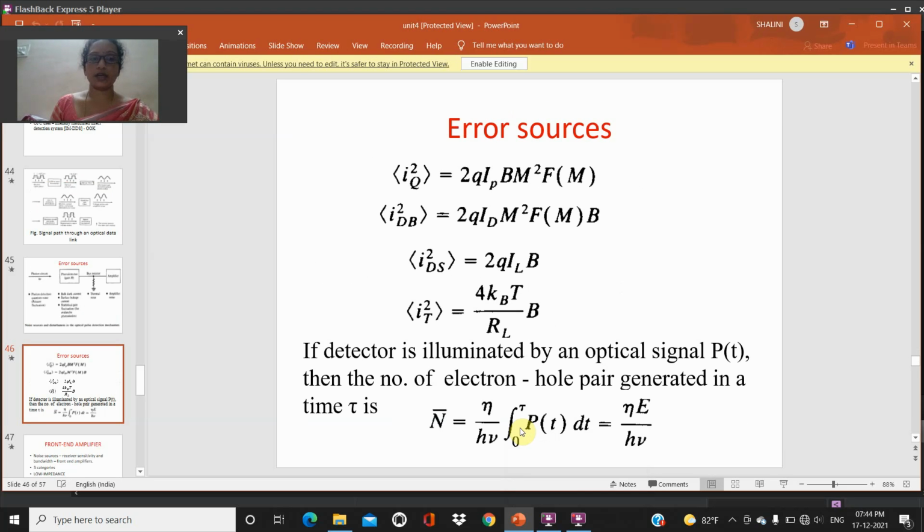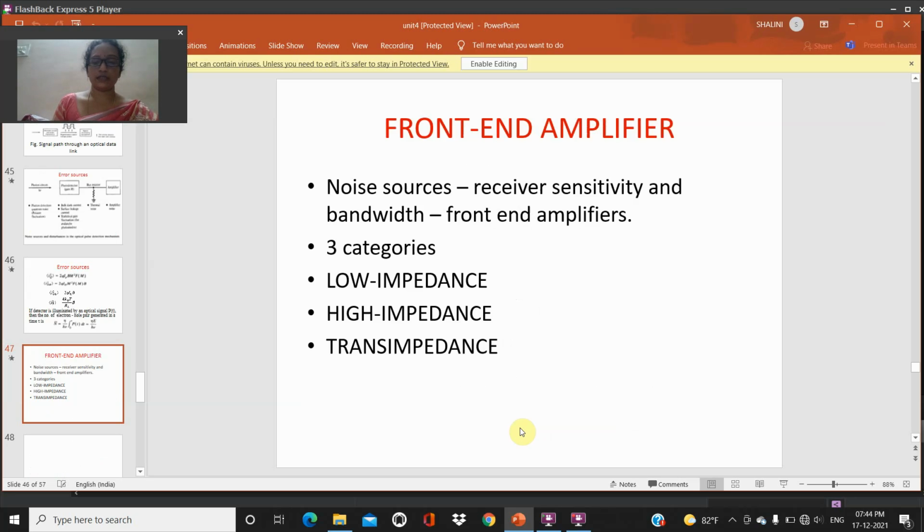The error sources: i²_Q = 2qI_bM²F(M)B, i²_DB = 2qI_D M²F(M)B, i²_DS = 2qI_L B, and i²_T = 4k_BTB/R_L. If the detector is illuminated by an optical signal, then the number of electron-hole pairs generated in time τ is n̄ = (η/hν)∫₀^τ P(t)dt = ηE/hν.